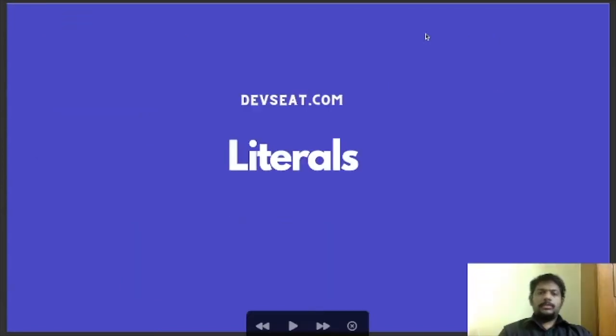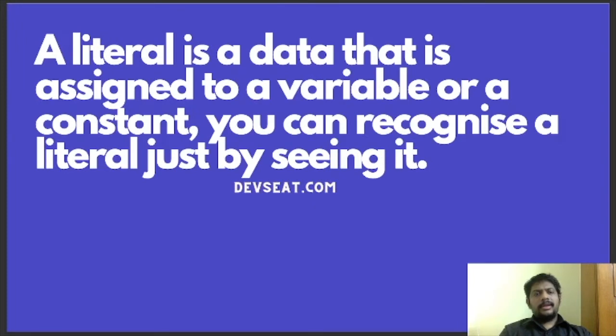Okay. Now we will be talking about literals. So what is a literal? A literal is data that is assigned to a variable or a constant. Why it is called a literal is that you can actually recognize it just by seeing it.